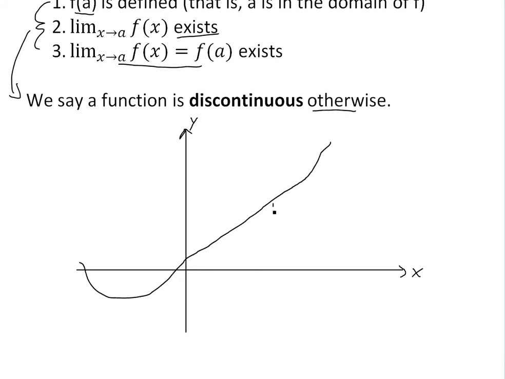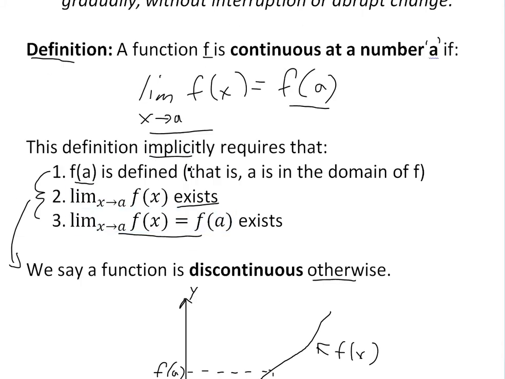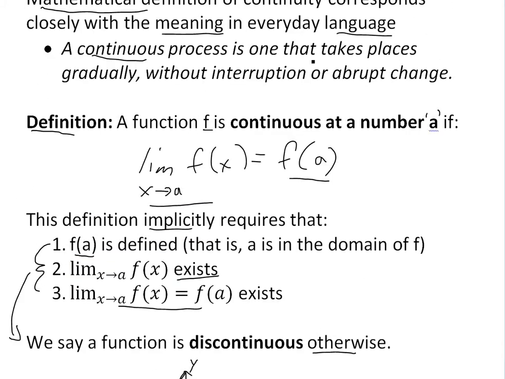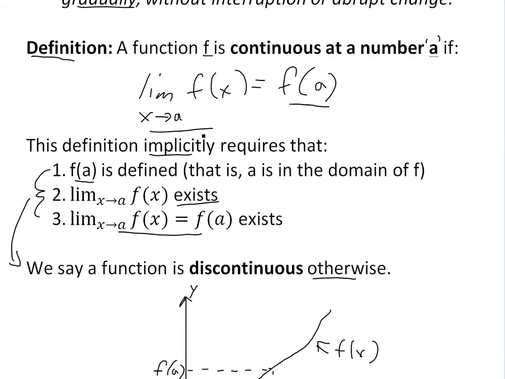So I'm drawing a continuous one right here. This is a. As you're approaching a from any direction, you're gradually changing this f of x function. This is f of x, and at this value right here, this is going to be f of a. So as you can see from the everyday language, a continuous process takes place gradually without interruption or abrupt change.